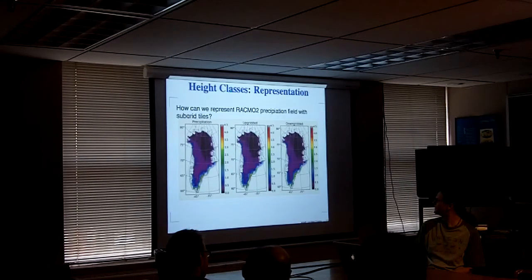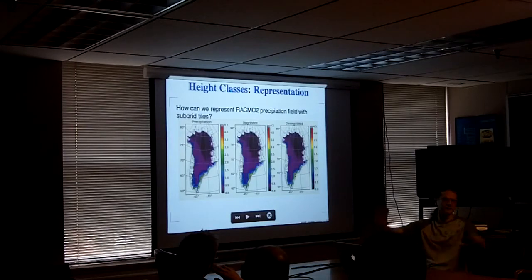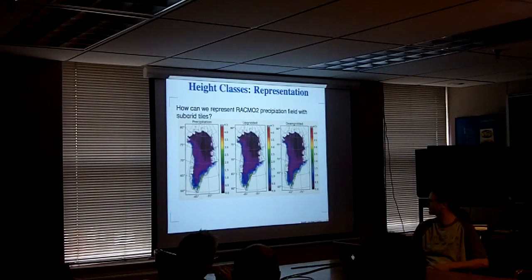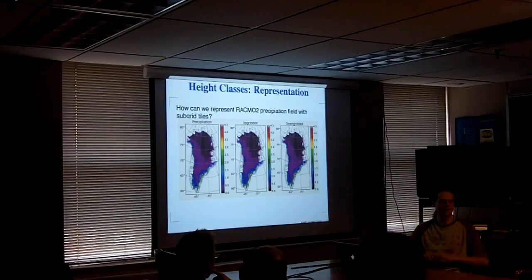So anyway, the idea is that we can generate surface mass balance fields on our height classified grid, and then we send them through our magic conservative smoother downgridder, and we get this nice smooth surface mass balance field that we can send into our ice grid. And in this case, you see that the precipitation field actually looks very close to the reality that happened on the 5 kilometer grid.